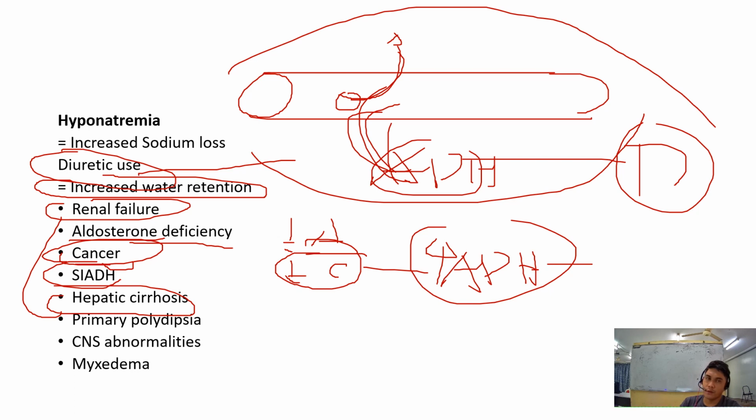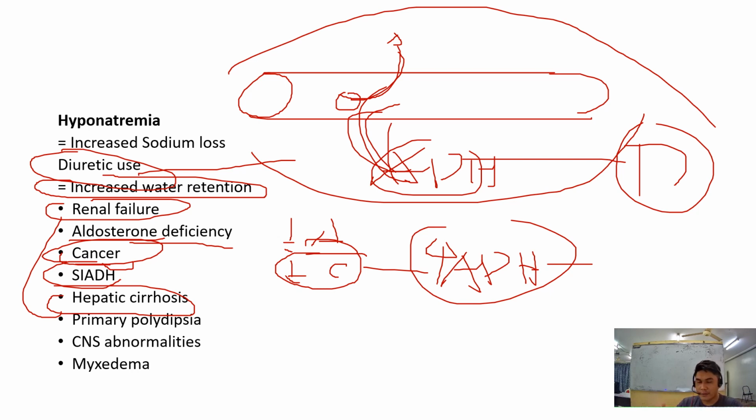In patients with cancer, the cancer cells produce ADH, and also the chemotherapy stimulates your body to produce more ADH, and the pain in patients with cancer stimulates the production of ADH. That's why it's syndrome of inappropriate ADH secretion.